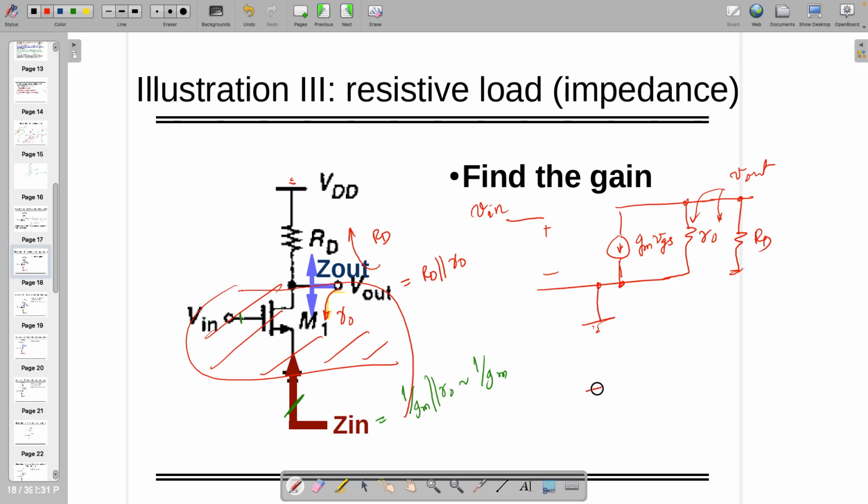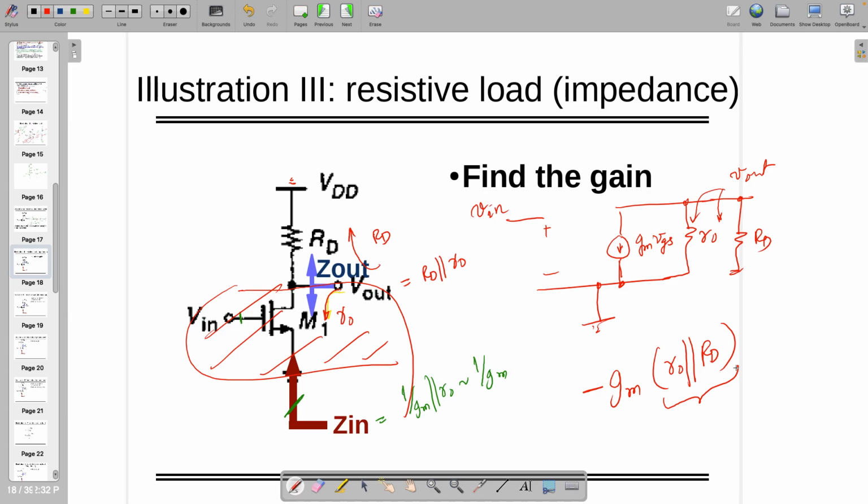So the gain becomes minus gm times RO in shunt with RD. Right. Depending on what value of RD you are giving, accordingly you can make the decision. Sometimes RO is much higher than RD, then your gain is gm times RD. If RD is much higher than RO, then it's minus gm times RO. So it depends on what value of resistance you are keeping here.